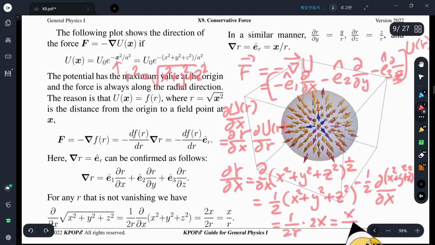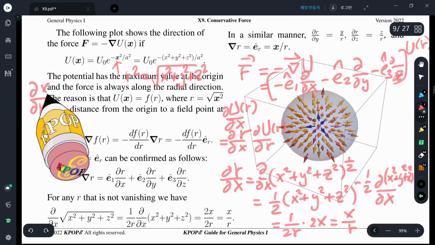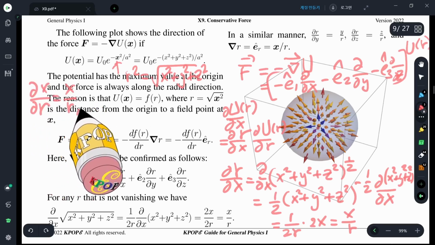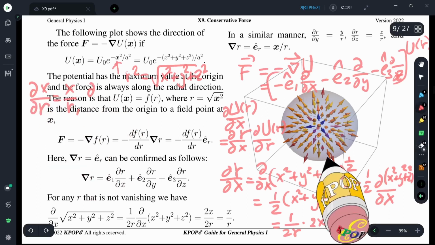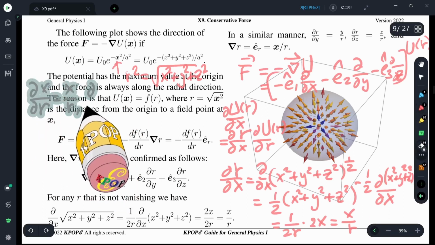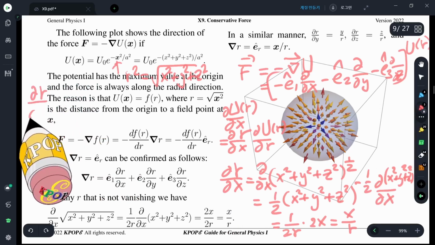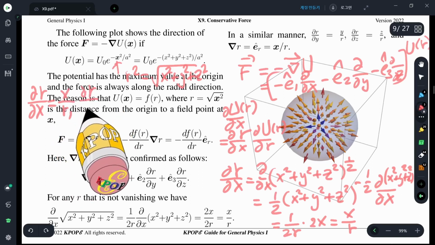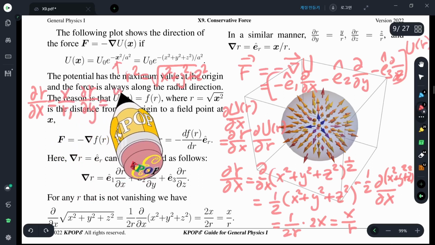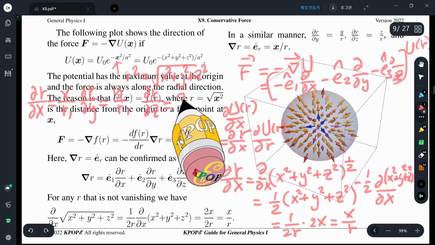Therefore, it is x over r. In a similar manner, I can find the y derivative, which is y over r, and the z derivative, which is z over r.